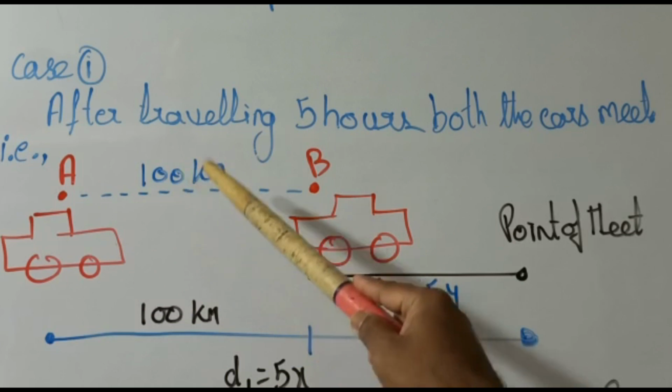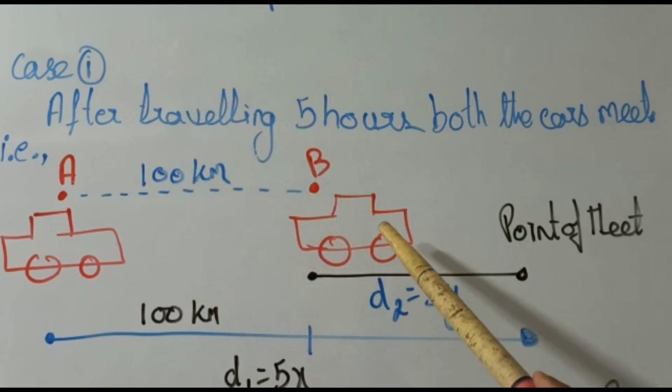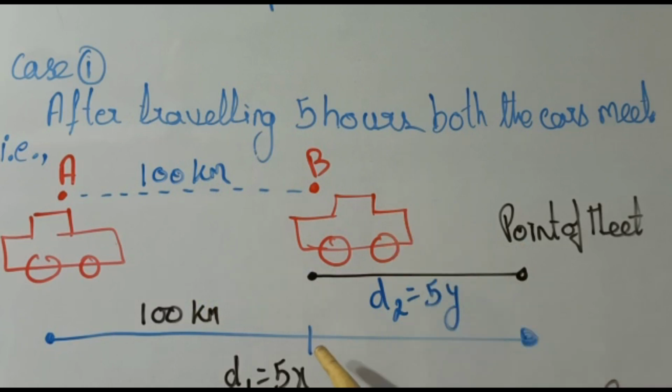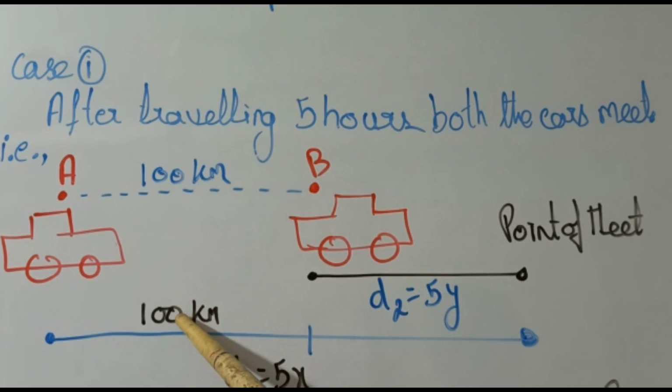It traveled 100 kilometers more than the distance traveled by car B. The distance traveled by car B is d2 equal to 5y, and the distance traveled by car A is 5x. But the distance traveled by car A is 100 kilometers more than the distance traveled by car B.